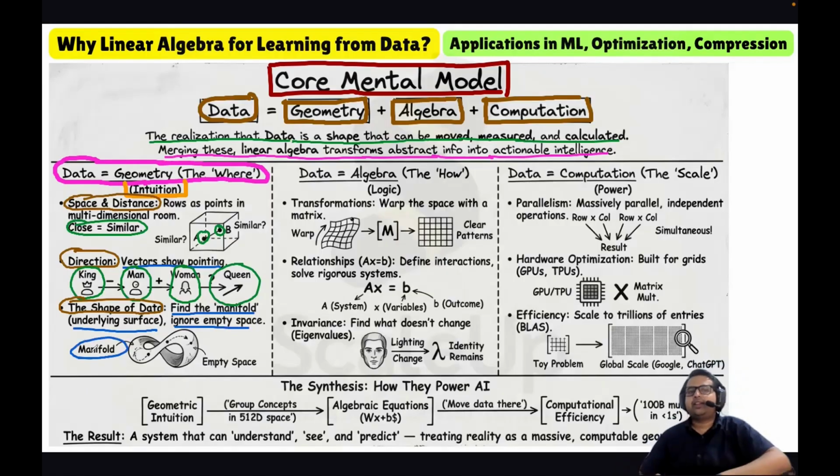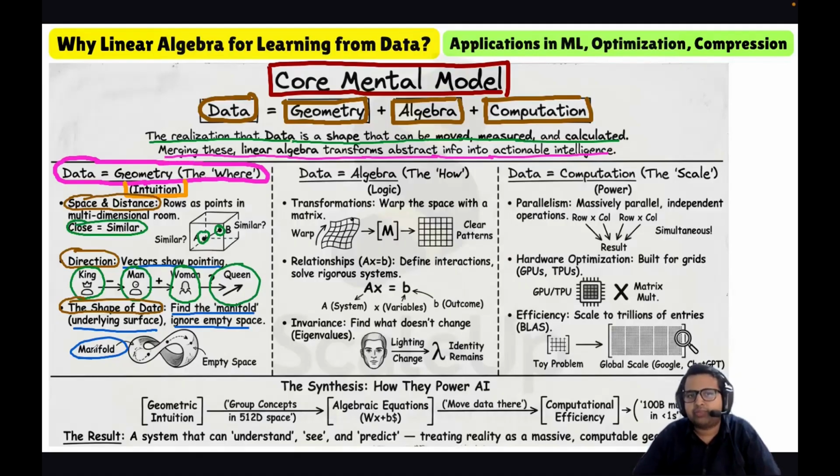So if data is represented in the form of vectors and matrices, it will give us special intuition. We will be able to decode the where.